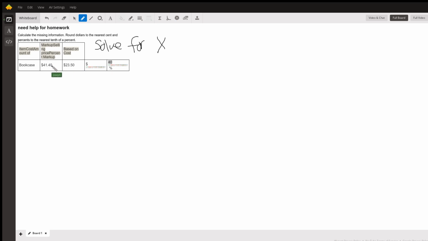I'm just defining the terms and the numbers in this problem so you understand the concept of this problem. This number right here does not go up by 40%. It's this number that went up by 40%. I'm thinking this because this is the lower number and this is the higher number. The higher number is not going to go up anymore because this is the markup selling price, the percent markup.